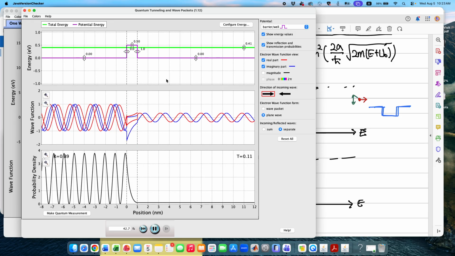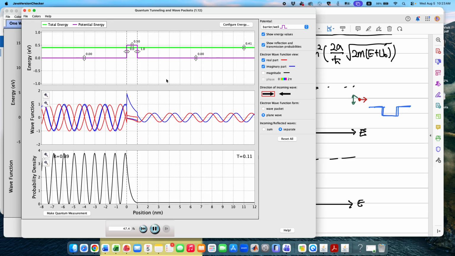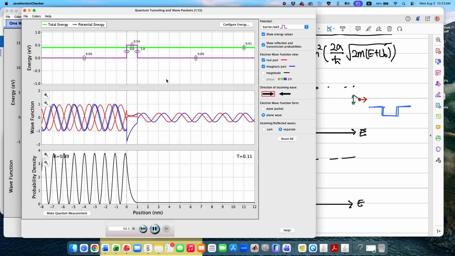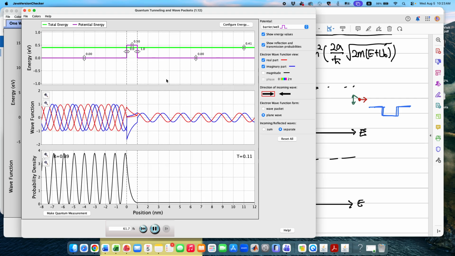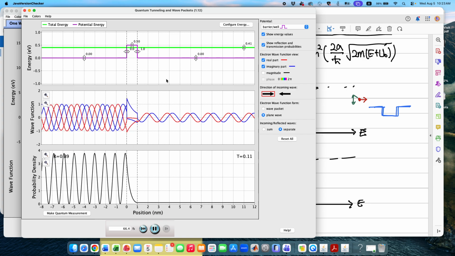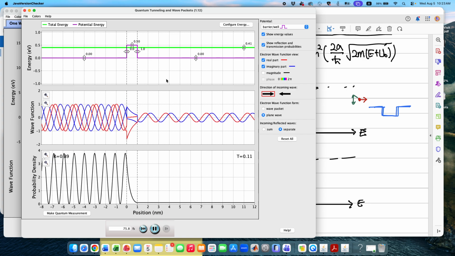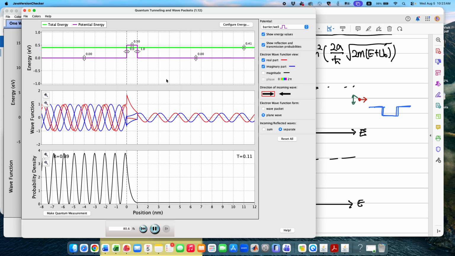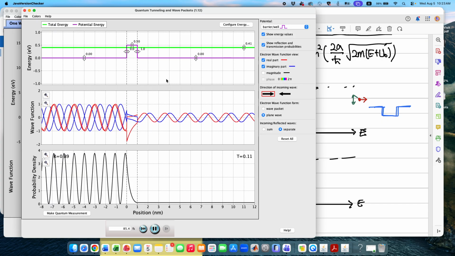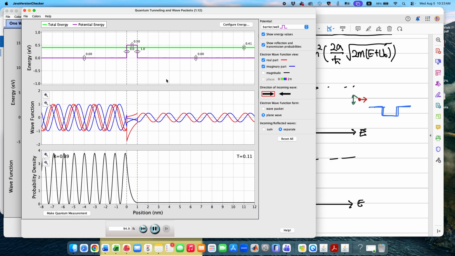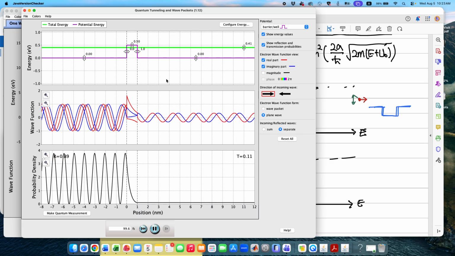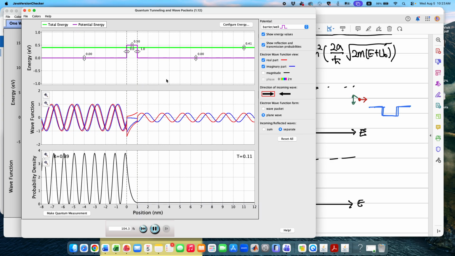Again, we are sending the particle from left to right. If we send this particle 100 times, according to this plot, it tells us that 11 times we are going to find the particles on the other side, and 89 electrons will be reflected back and stay there, right? That is essentially what it tells us.